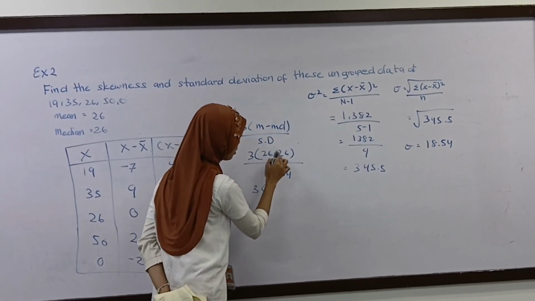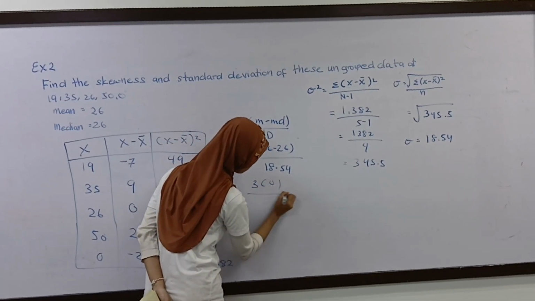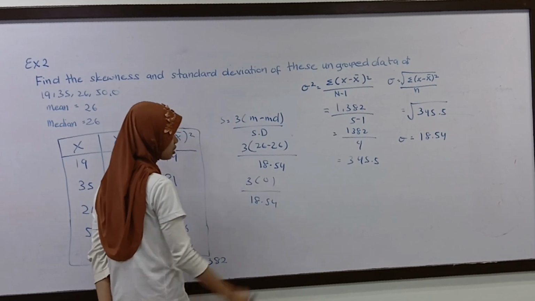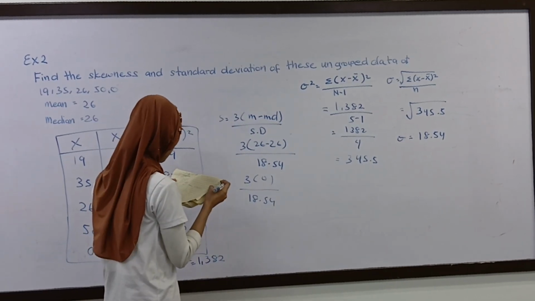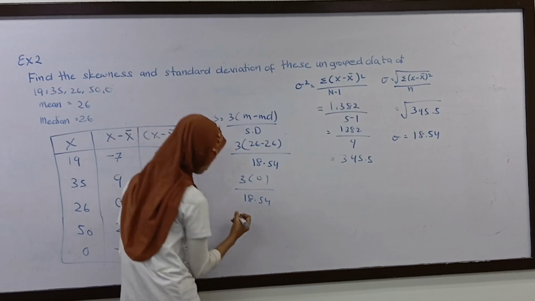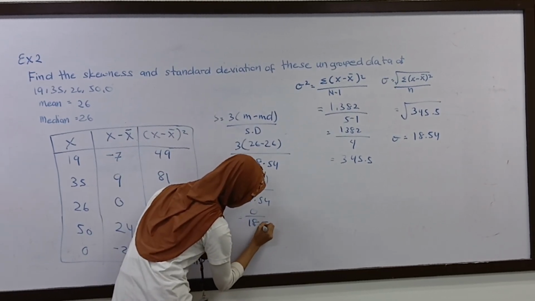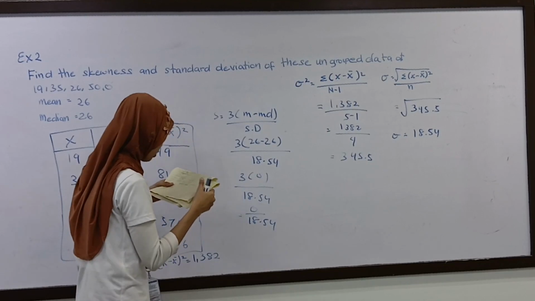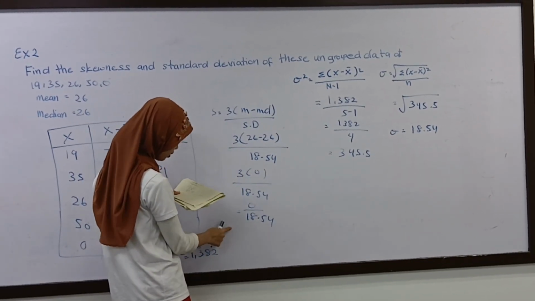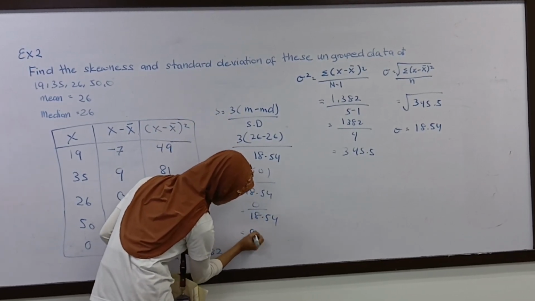So 26 minus 26 equals 0. And 3 times 0, obviously the answer is 0. Zero divided by any number is equal to 0. So 0 over 18.4, our skewness value is 0.